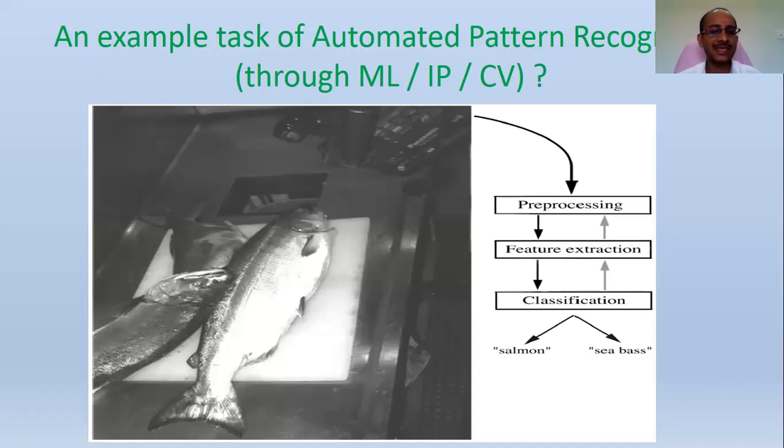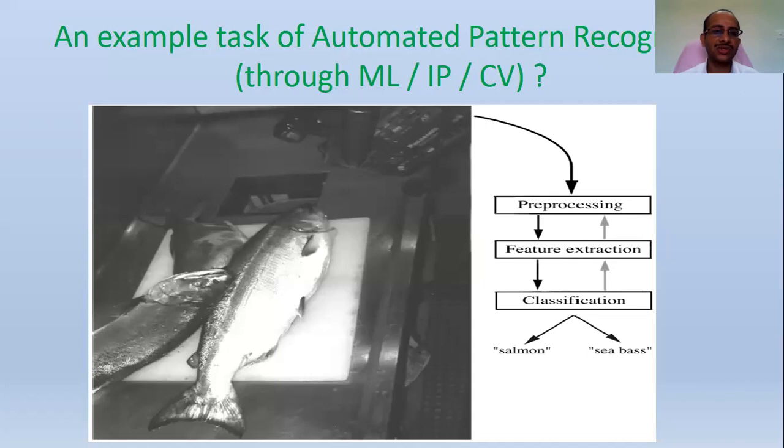Such a learning-based algorithm can come from machine learning, and it can be a classification algorithm for primitive tasks like classifying into different classes. We discussed the example of fish classification. We wanted to classify the fishes coming on the conveyor belt into two classes.